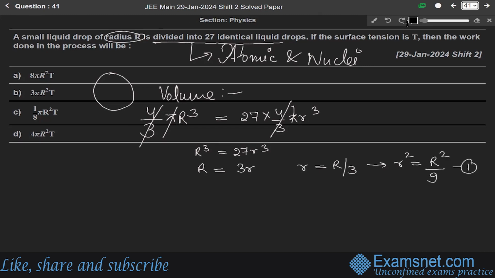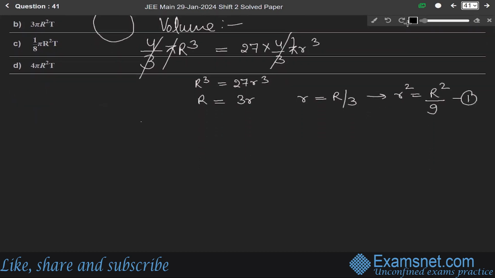Now, if the surface tension is T, then the work done in the process, we have to find the work done. So the direct formula for work done is equal to T, the tension, into delta A. Delta A is what? The change in the area.